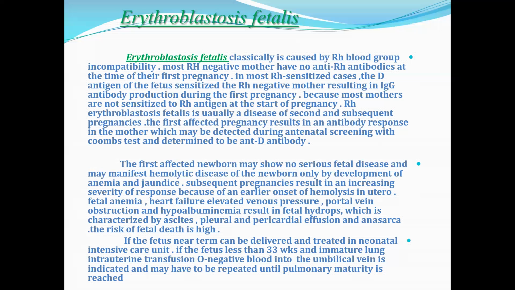The first affected newborn may show no serious fetal disease and may manifest hemolytic disease of the newborn only by development of anemia and jaundice. Subsequent pregnancies result in increasing severity of the response because of earlier onset of hemolysis in utero.